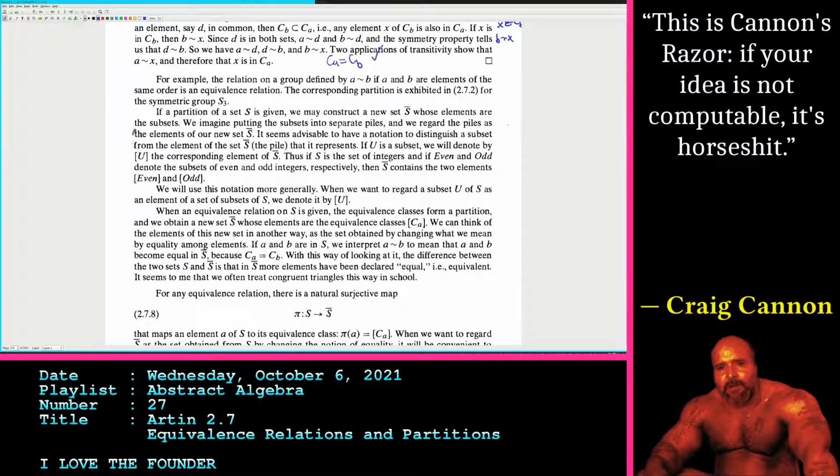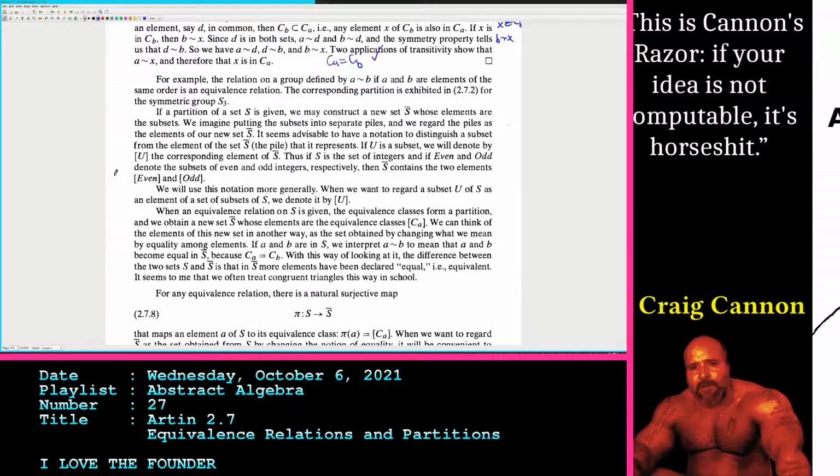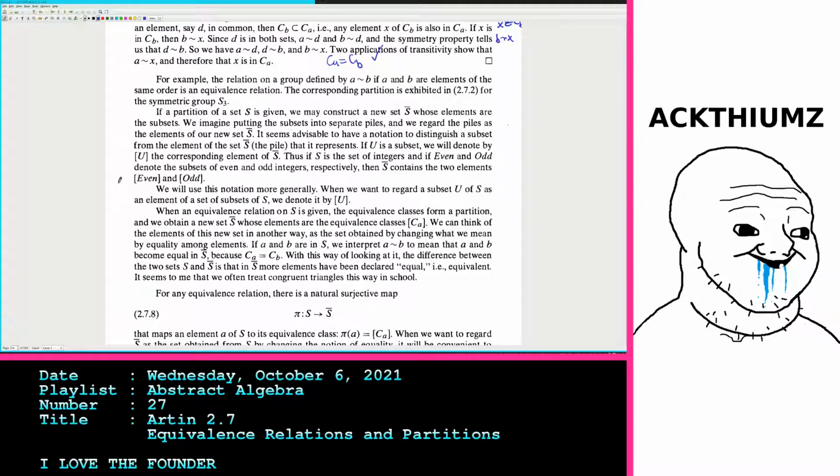When an equivalence relation on S is given, the equivalence classes form a partition, and we obtain a new set S bar whose elements are the... So, let's just quickly recap why the equivalence classes form a partition. Suppose you have an equivalence relation.